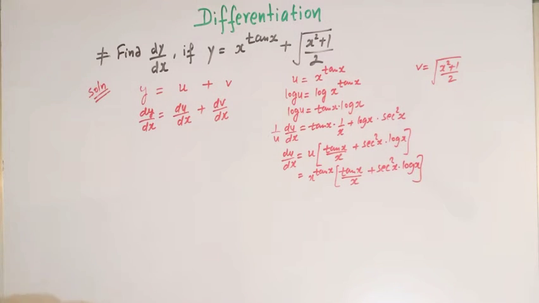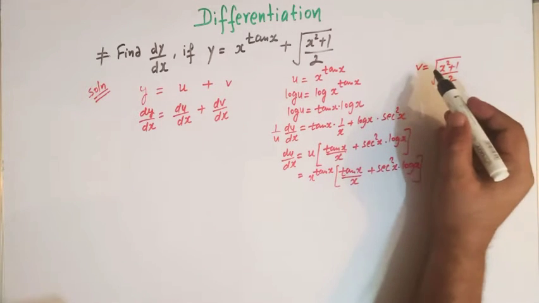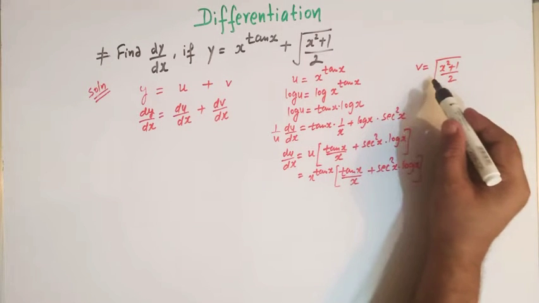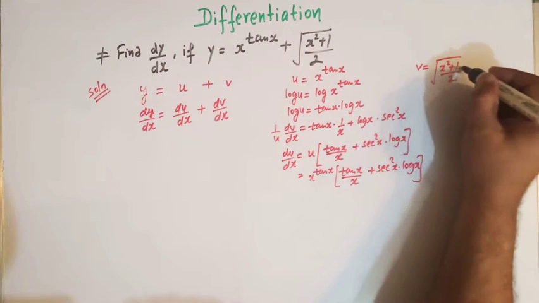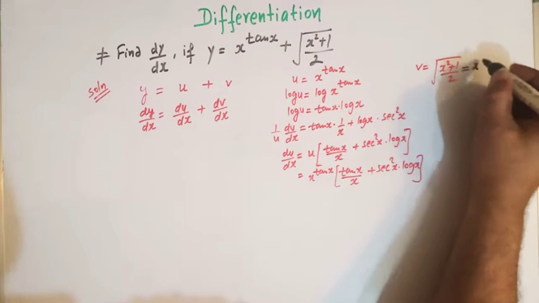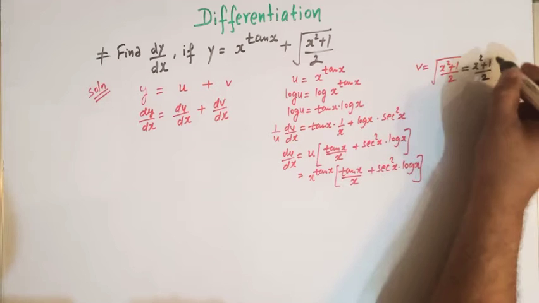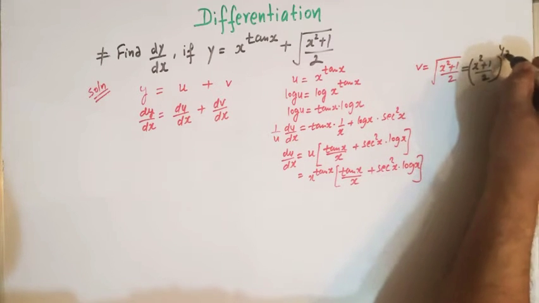Now our second aim is to find the value of dv over dx from here. So again see, this can be written as (x square plus 1 by 2) raised to half.